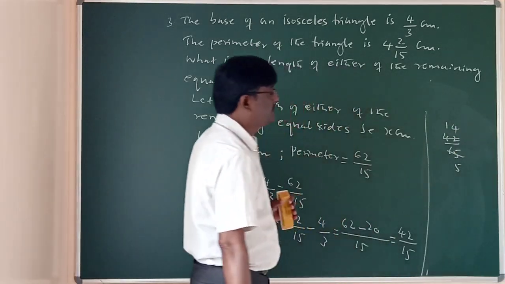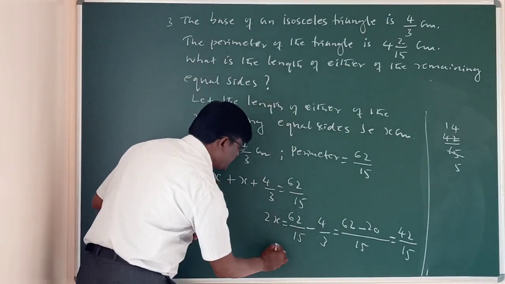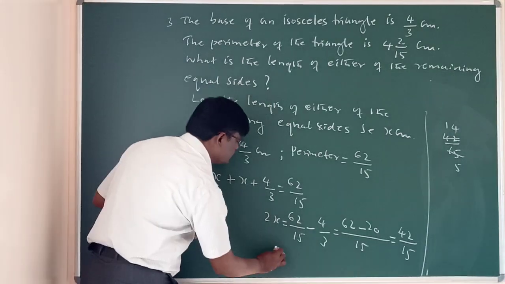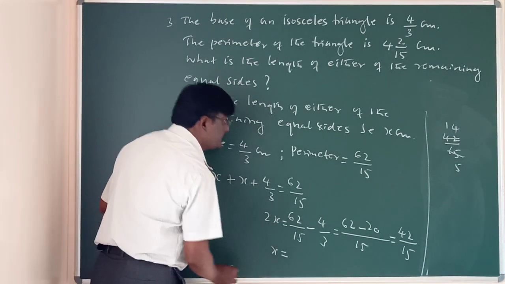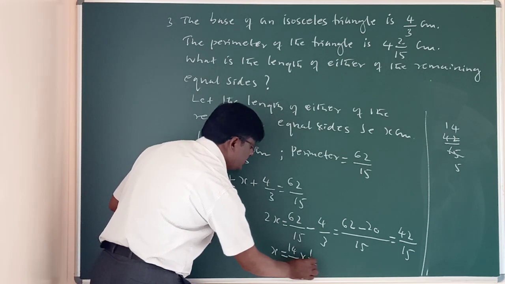Therefore, we get 14 by 5, and finally x equal to 14 by 5 into 1 by 2.